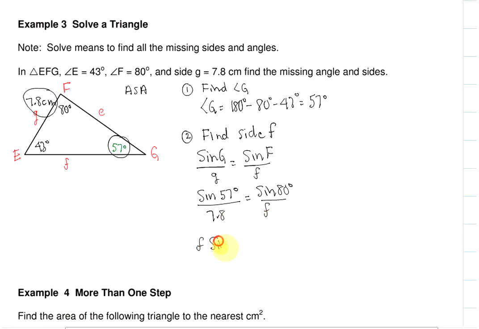So F times sine of 57 equals 7.8 times sine of 80, divide both sides by sine of 57.